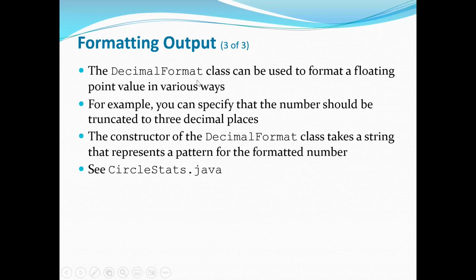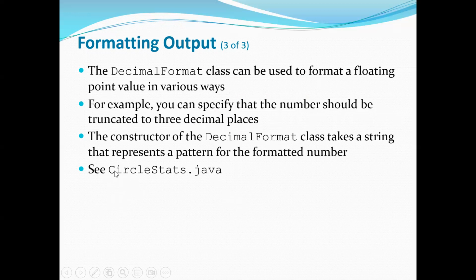So here we say the DecimalFormat class can be used to format a floating point value in various ways. Again, DecimalFormat means decimal values, so floating point. So for example, you can specify the number should be truncated to 3 decimal places or any amount of decimal places you want. So let's see an example.